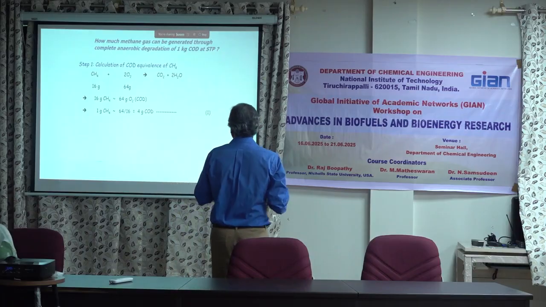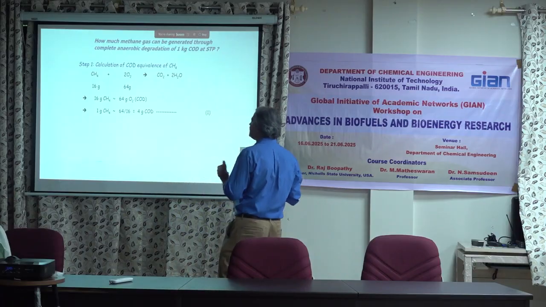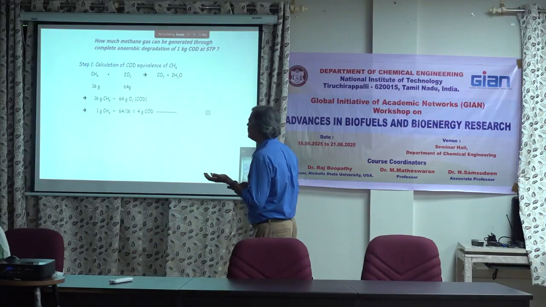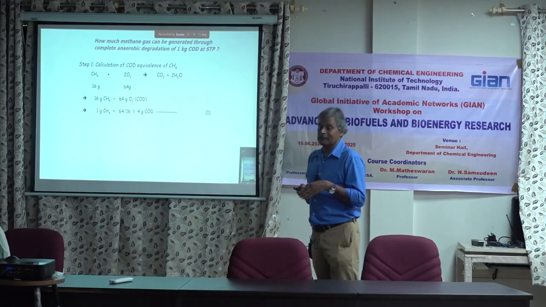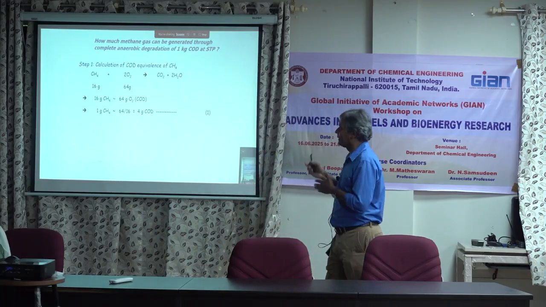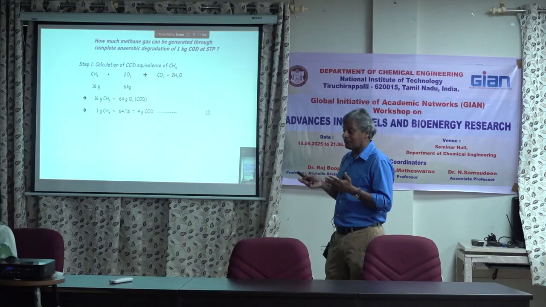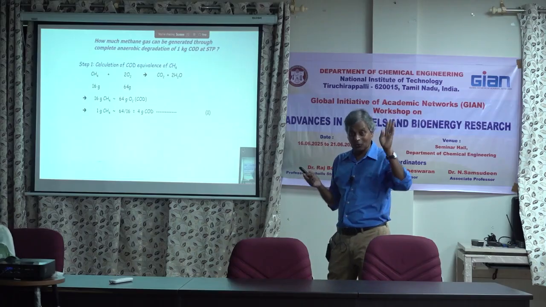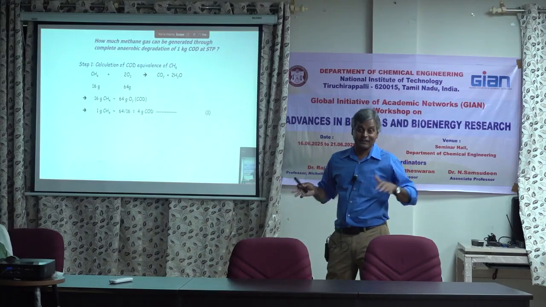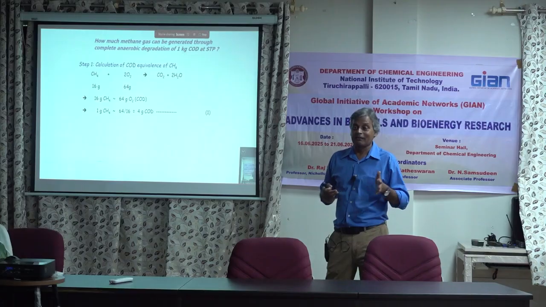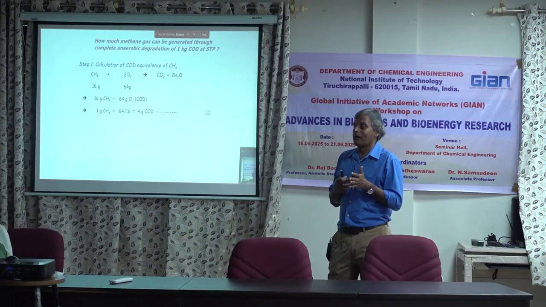We already know there's 16 g/mole in methane, 32 g/mole per oxygen, 2 oxygen, 64. Then you calculate 1 gram of methane equals 4 gram of COD. That's exactly the same. If you want to write it down for your problem solving.